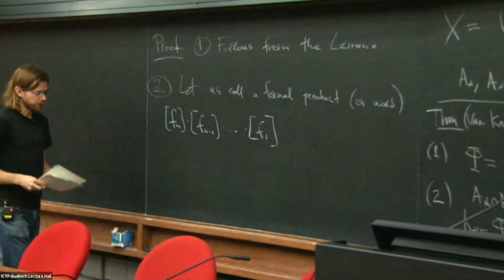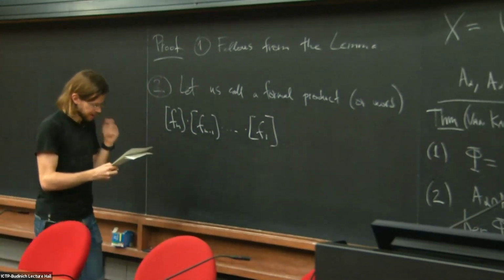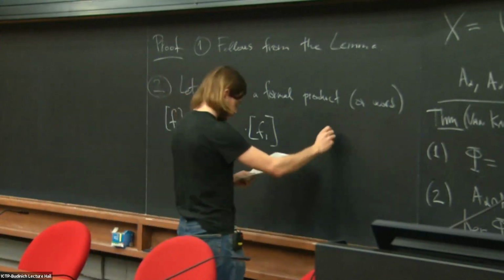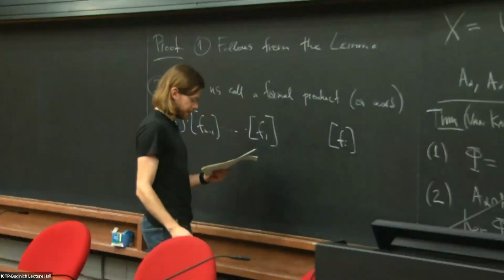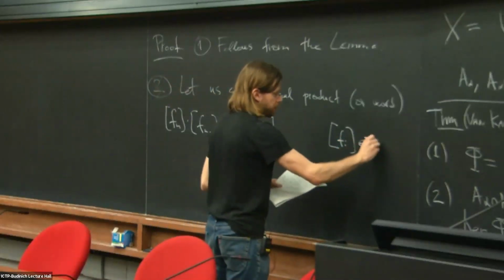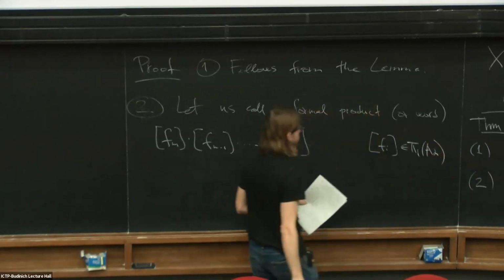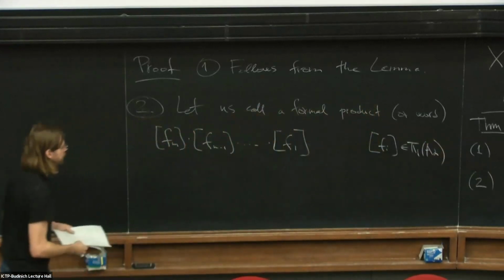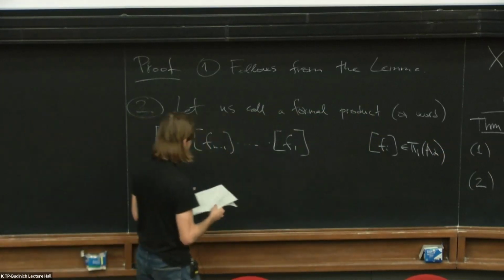So the formal product of elements like this, where each fi in a bracket is an element of pi1 of A alpha. So far we don't say anything about this being reduced or not.